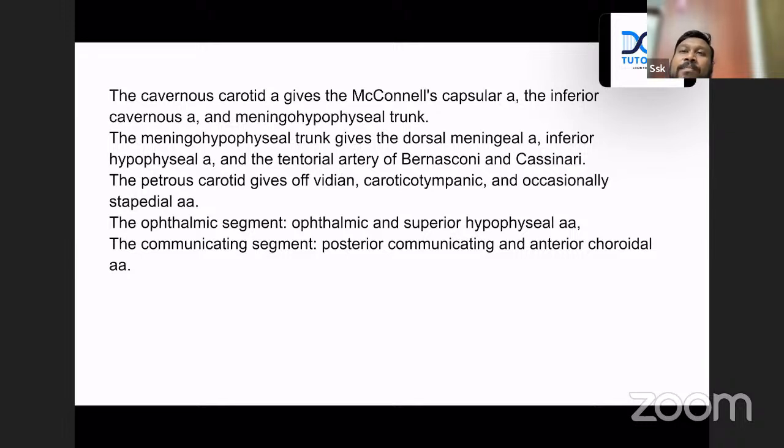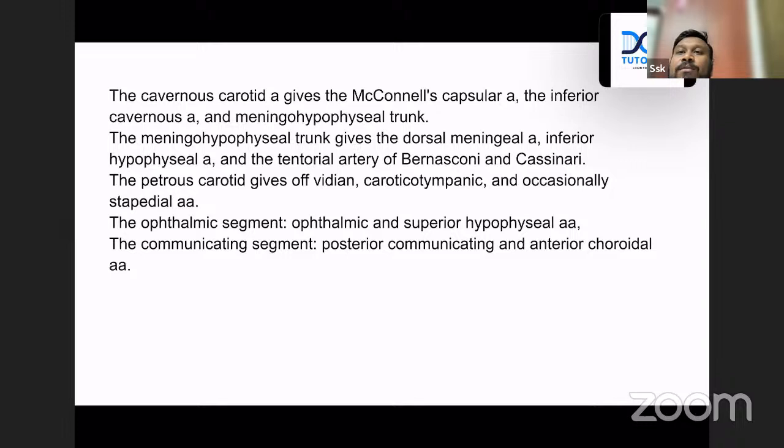So the tentorium will be supplied by the tentorial artery, which in turn is a branch of the meningohypophyseal trunk, which arose from the cavernous carotid. So C4 segment is going to give rise to the tentorial artery. You have to remember this. Both McConnell's capsular artery and the tentorial artery of Bernasconi and Cassinari have been asked in exams previously.